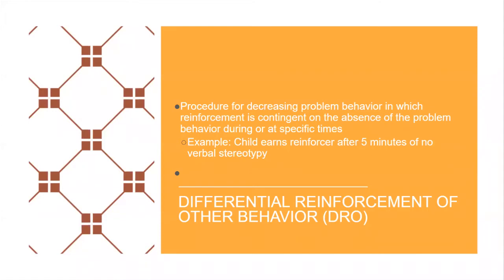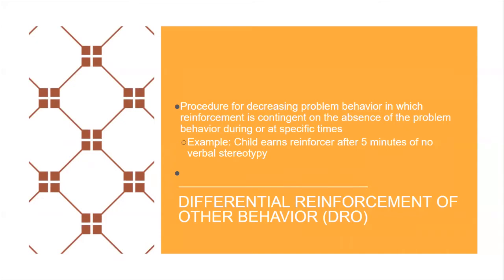One of the first types of differential reinforcement that we're going to talk about is a DRO, a differential reinforcement of other behavior. This procedure is used to decrease problem behavior, in which reinforcement is contingent on the absence of the problem behavior during or at specific times. For example, if we have a child who has a high rate of stereotypy, we could use a DRO.